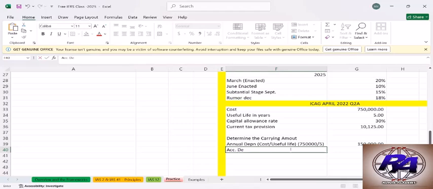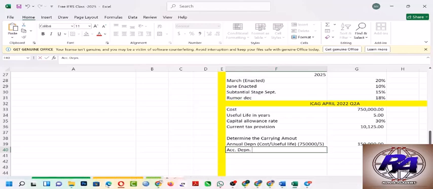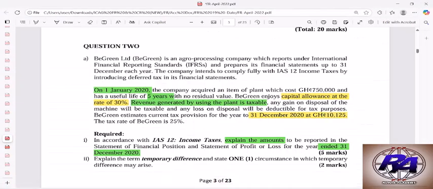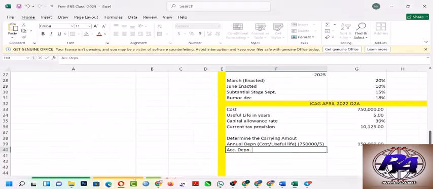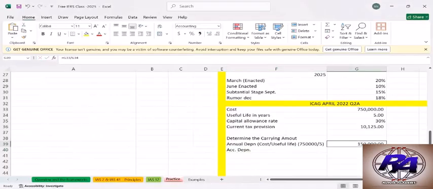So this is where you have to be very careful. From the date of the purchase, the date we acquire the asset, which is 1st January, to the date we are reporting, which is the 31st December, how many years? Here it is just 1 year. If it's 2 years, we need to multiply the 2 by this one to get our accumulated depreciation. If it's 3, and so on.